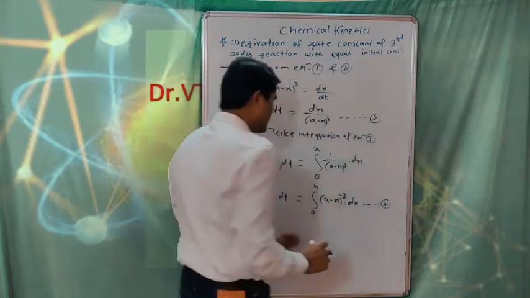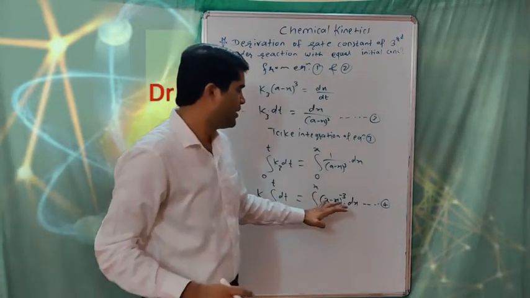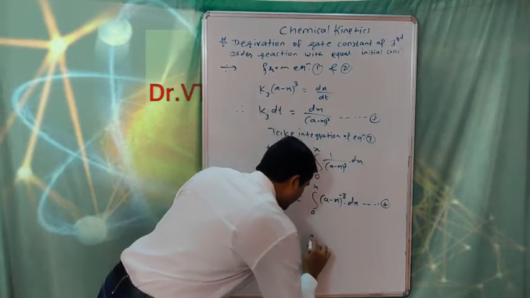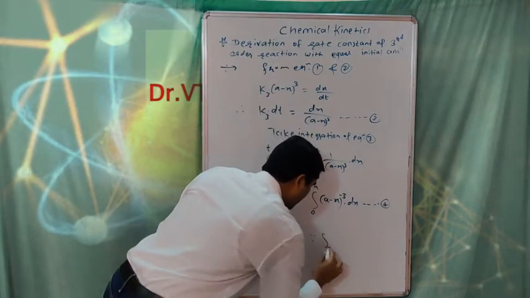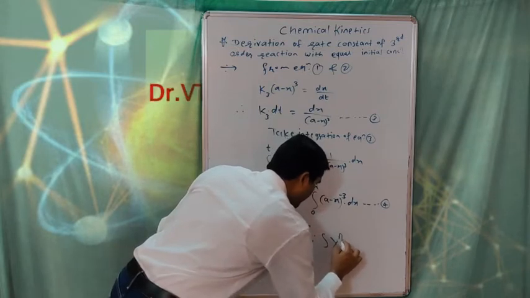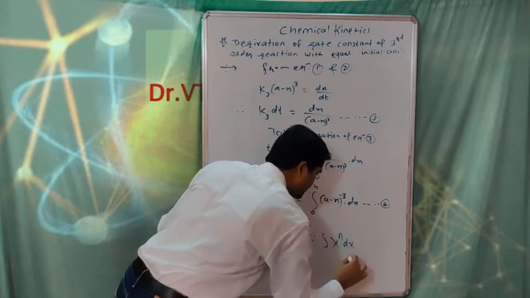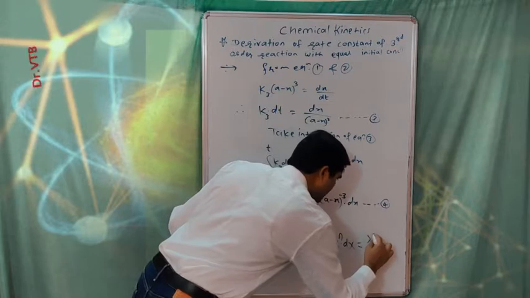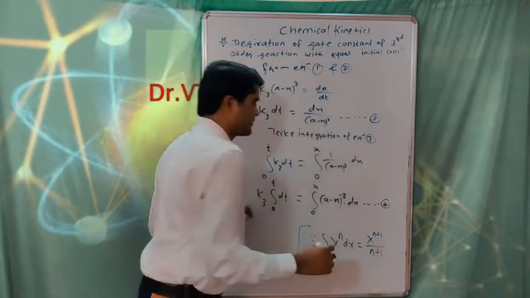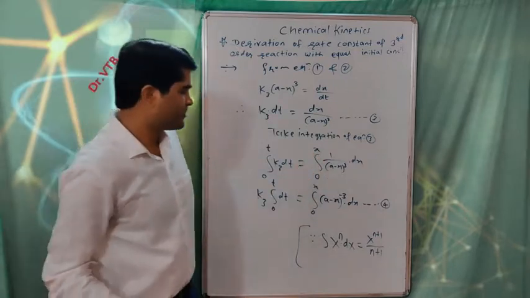Now why have I done this? Because we have an integration formula. Which integration formula? The integral of x raised to n dx is x raised to n plus 1 upon n plus 1. So this is the integration formula.